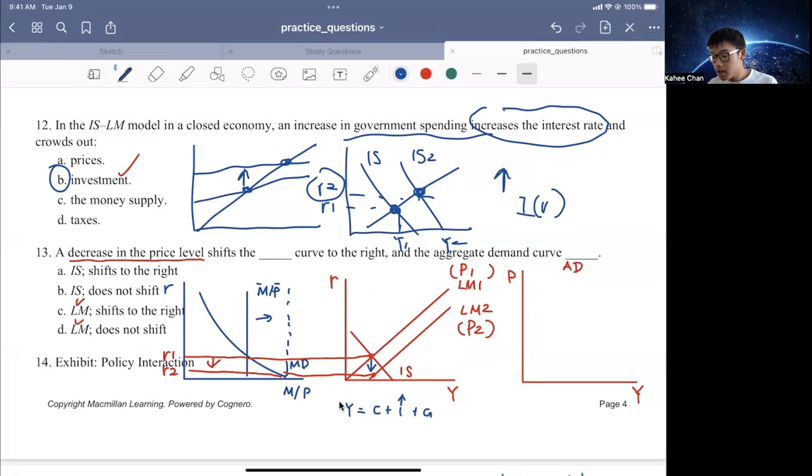The Y. It is actually increasing Y. So Y is going from this point, we call it point B, and this is point A. We go from point B to the new point named point C right here. So from A to C, we see a decrease in interest rate and also an increase in income Y.